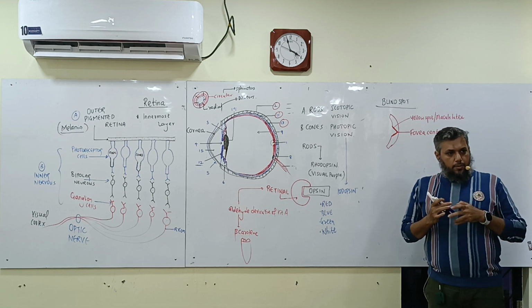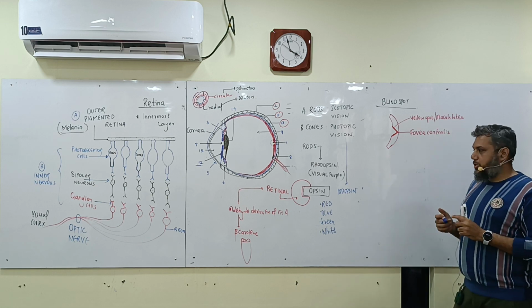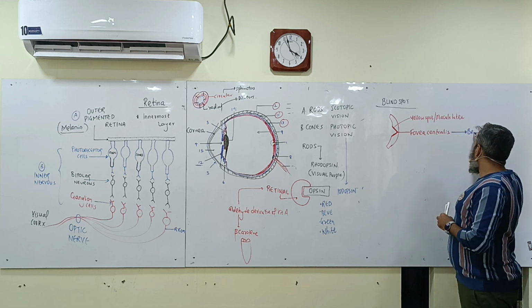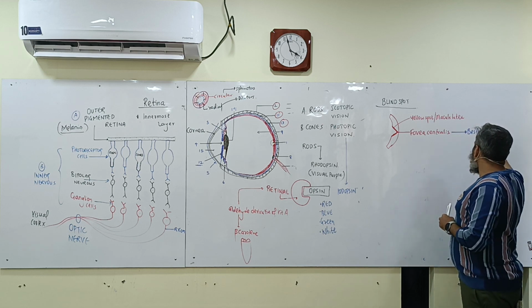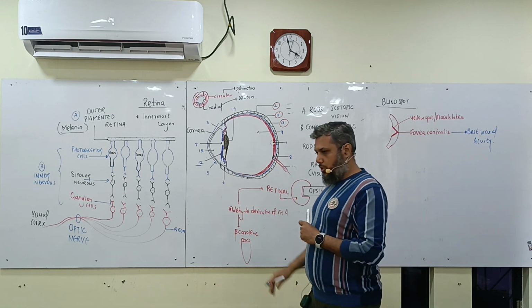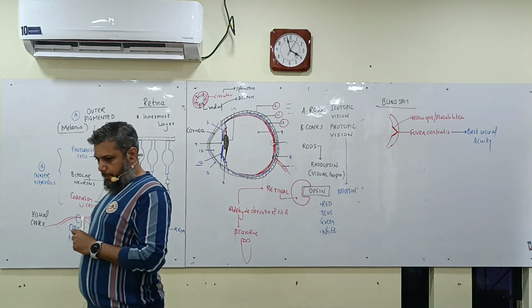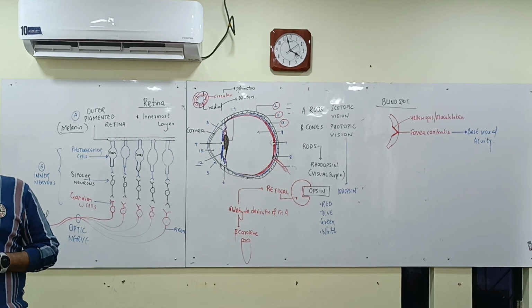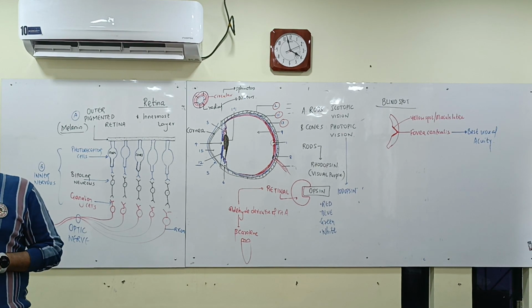Central. And the fovea centralis is the place for best visual acuity, best resolution. Okay, when the image falls on the fovea centralis, we see the clearest.